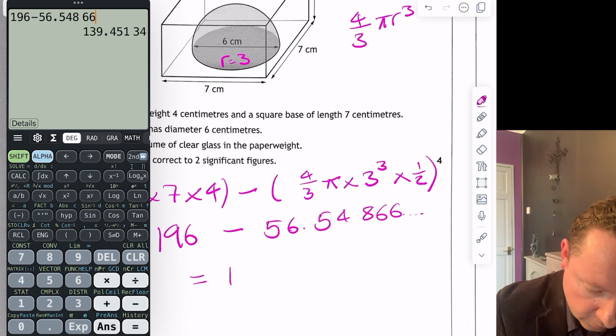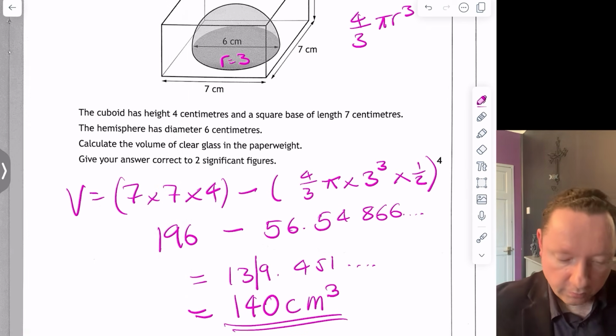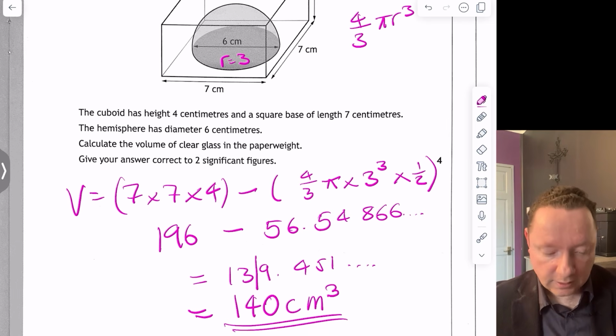So that gives me 139.451 and a bunch of other numbers, and I only need two significant figures, so I'm rounding here. That rounds up to 140, and the units are centimeters cubed. And there you are, there's your volume of the paperweight glass.